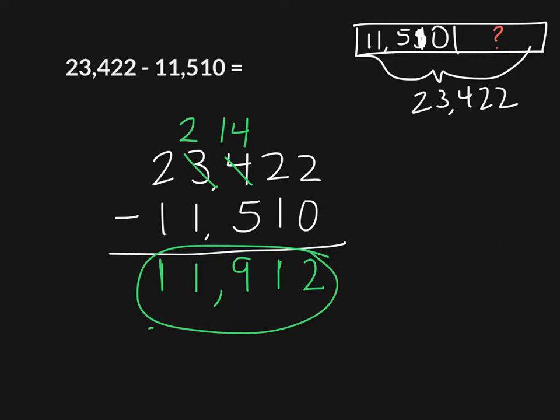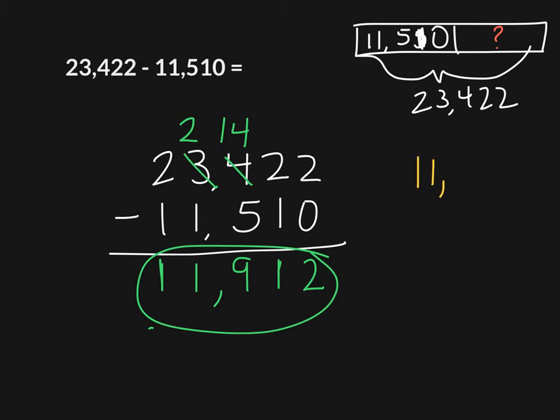Now, I can always use addition to check my work. I can take these two parts, the part that I knew at the beginning, 11,510, add it to this part, and see if I get this whole number. So let's check our work.